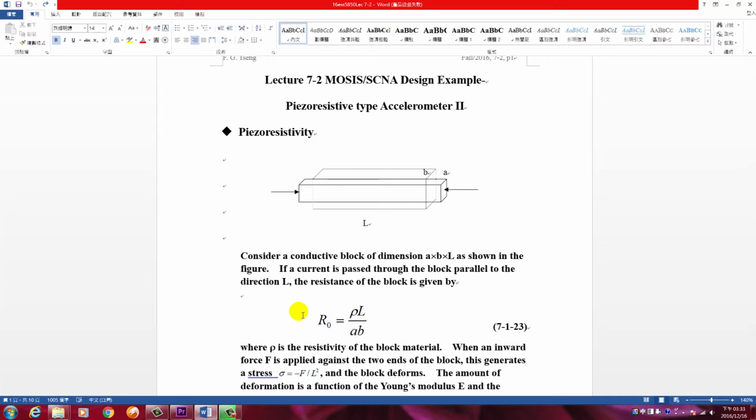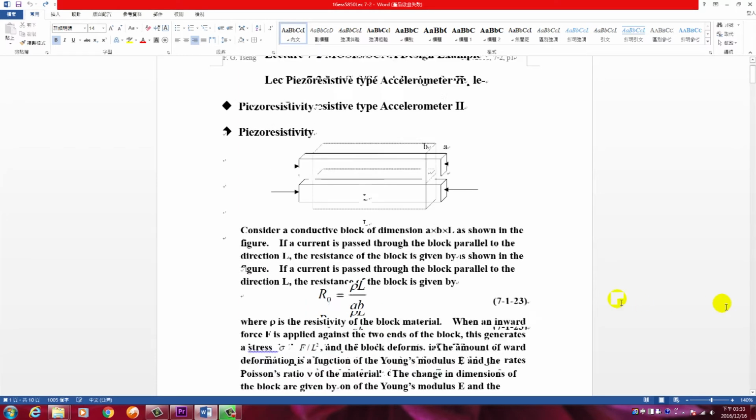And if we increase the cross-section, we will reduce the resistance. So the resistance is proportional to the length and inversely proportional to the cross-section, A times B, the cross-section of the material.